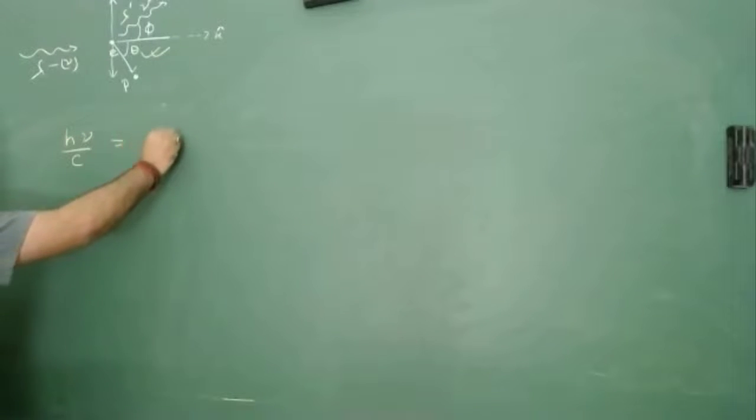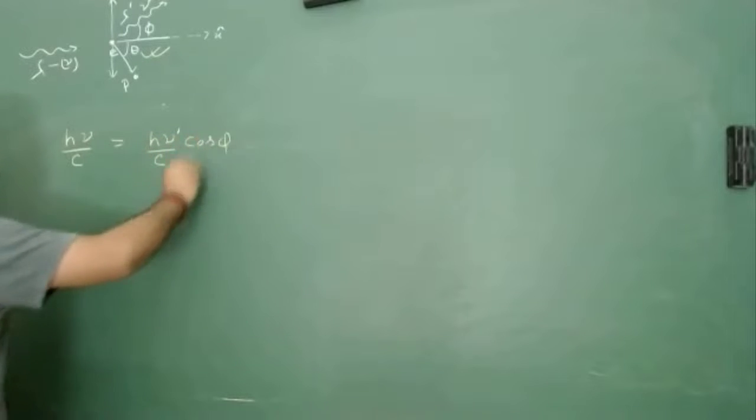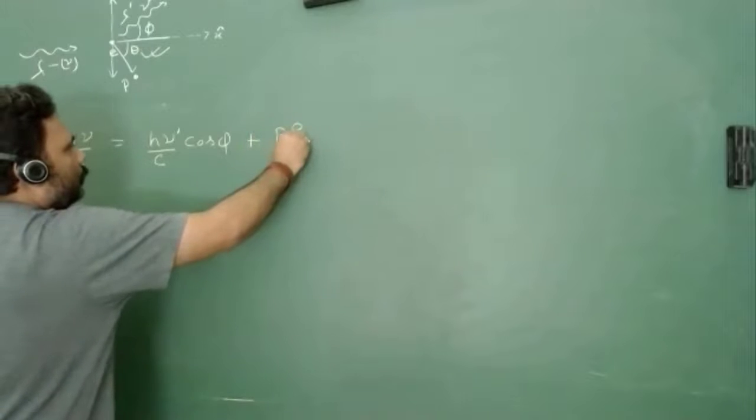First, h nu upon c will be equal to h nu dash upon c cos phi plus p cos theta.